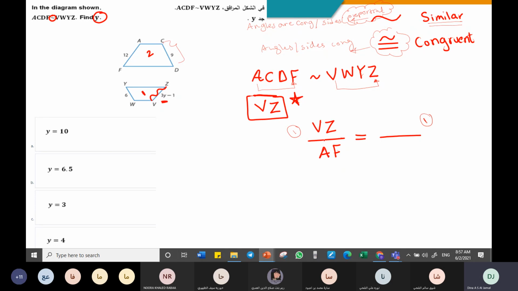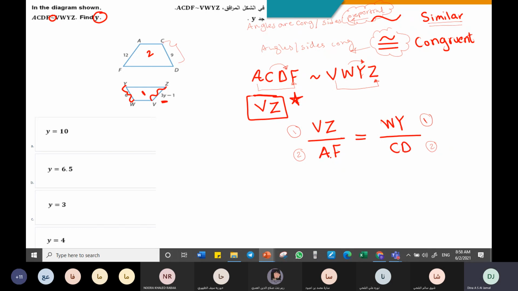If you started with the second, you need to start with the second. So pay attention to the order. That means now I will be going to the other segment, which is WY. What is the other side that is proportional to it? D and C. CD.